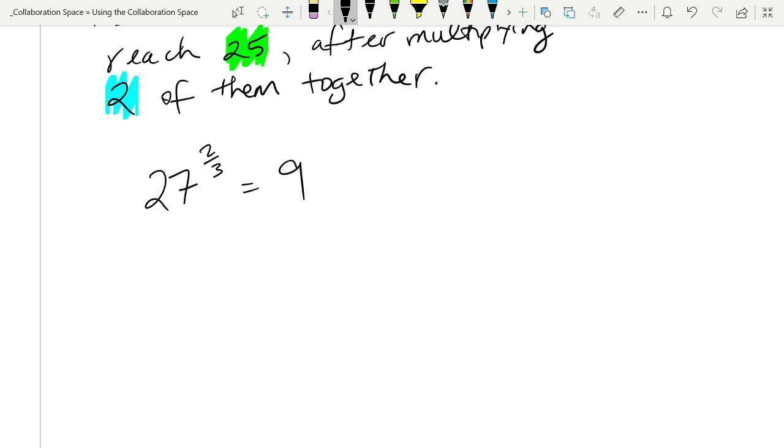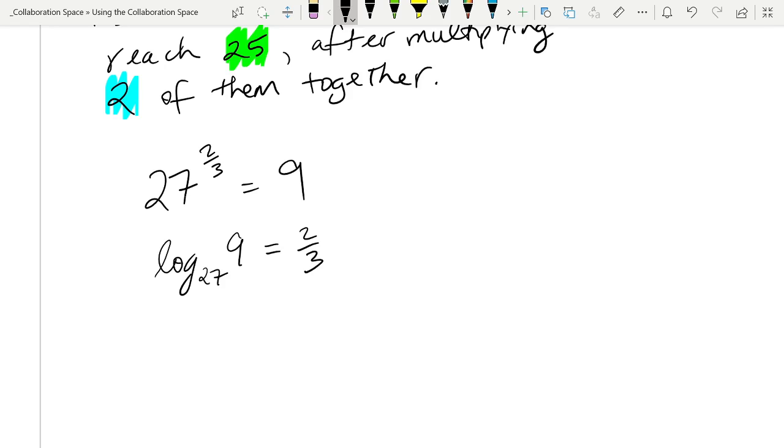People at home, give it a try. You get it? Did you get log to the base of 27 of 9 is 2/3?